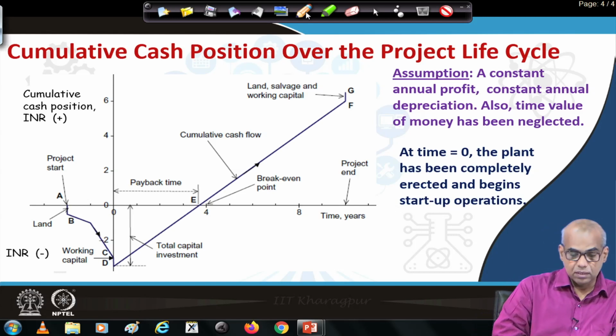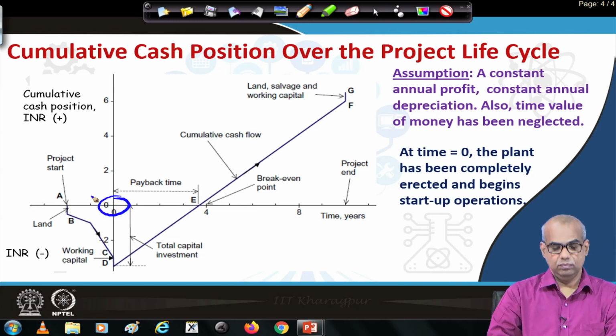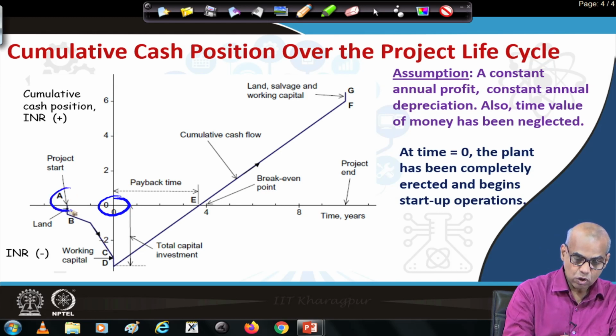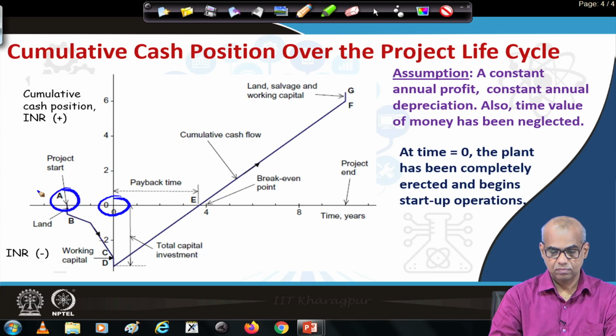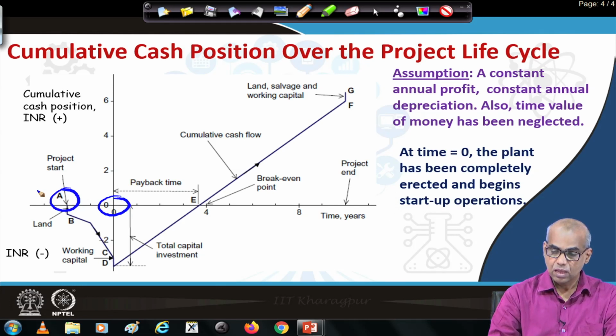Note that this is time 0, and this is the time when the project starts. Time 0 represents the time when the plant has been completely erected and it begins startup operations.